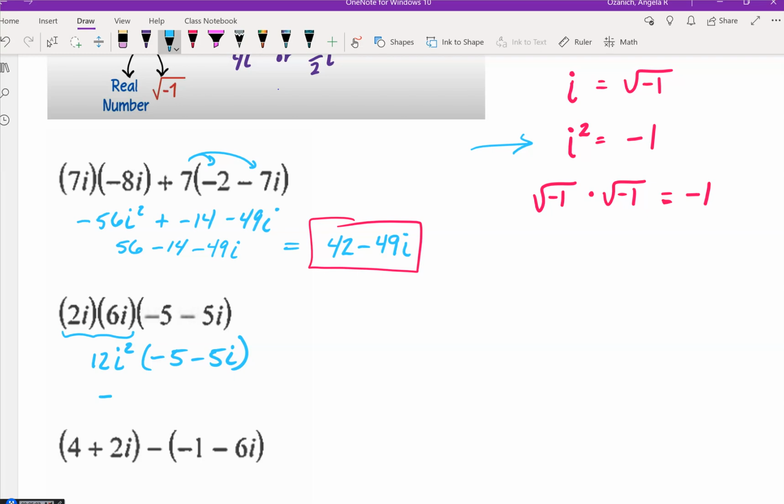So this is actually going to be a negative 12 times a negative 5 minus 5i. So as we multiply and distribute this through, it looks like our final answer here is going to be a positive, is that right? 60 + 60i.